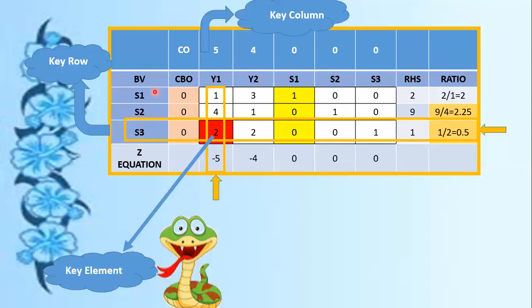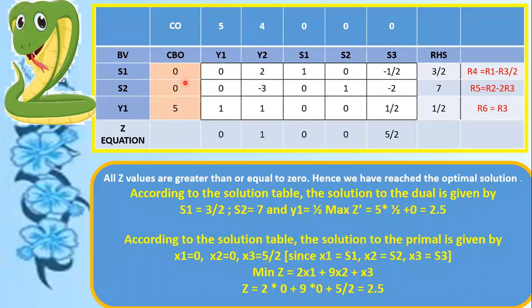So in the next table, your basic variables are s1, s2 and y1. What are the coefficients? 0, 0 and 5. This remains the same.